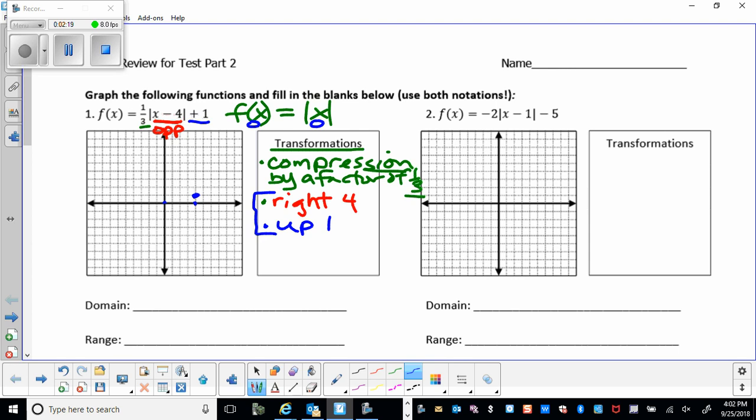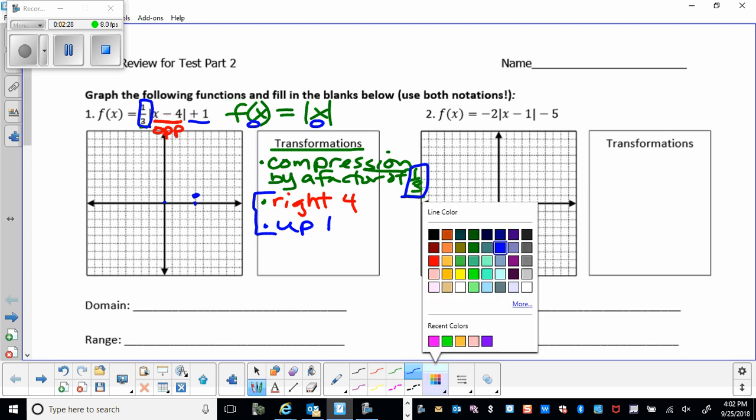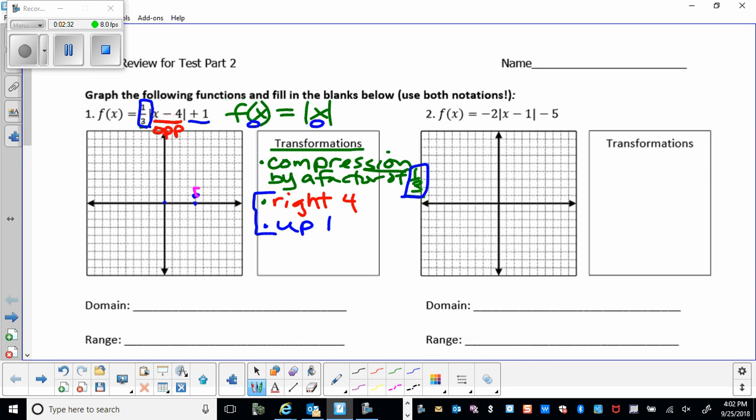And then now I'm going to use this right here. This number in front is my slope. And so I'm going to go up 1 and over 3 and put a point there. And that is this side. And then to the other side, I'm going to go up 1 and to the left 3 and put a point.